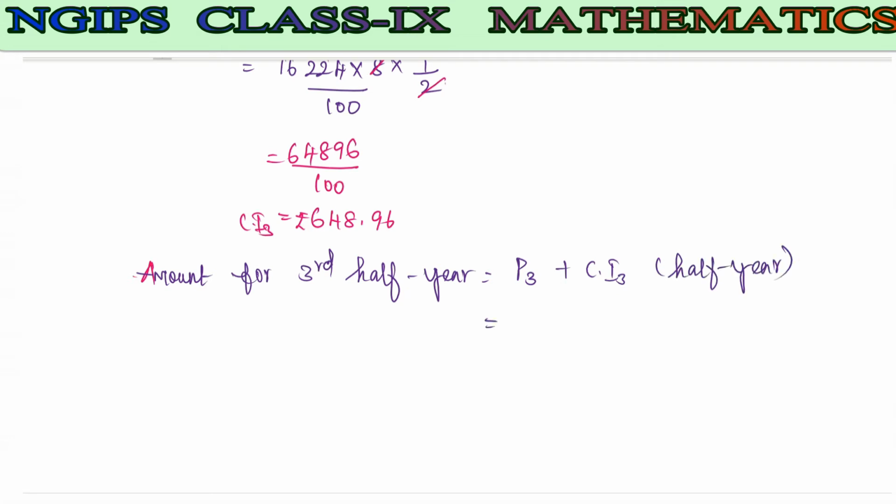Now here the principal is 16,224 plus compound interest 648.96. When you add these two, we are going to get rupees 16,872.96. Okay, this is the amount for the third half year.